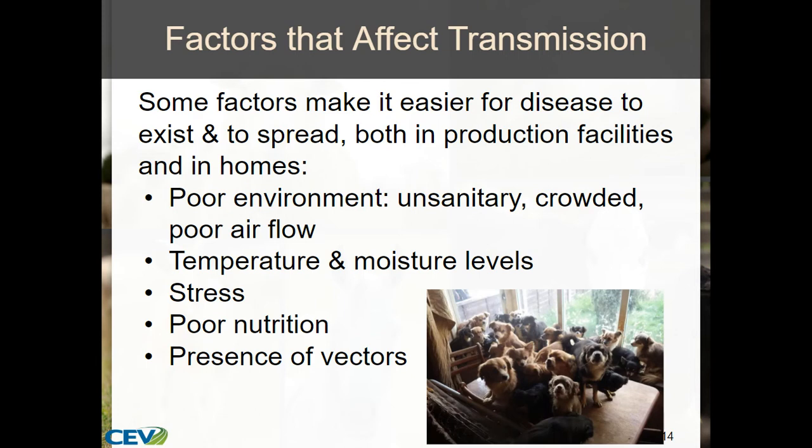Okay, if an animal is living in an area that's unsanitary or it's super crowded or there's not a lot of good airflow, it makes it really easy for them to come in contact with other animals, their fecal material, their airborne particles, and get sick. The picture we have here is a picture of a home where someone had an unhealthy amount of animals present in their home.